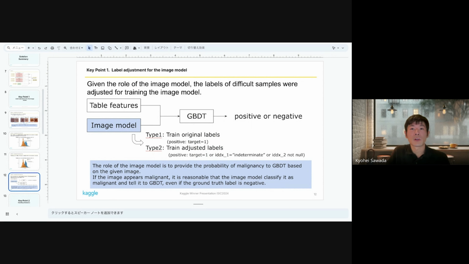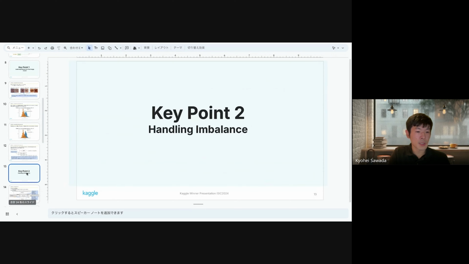This allowed the image model to focus solely on the visual features of malignancy, improving its ability to detect malignant patterns without being confused by the actual label. And finally, the ultimate classification of benign and malignant cases is handled by the GBDT model. So that is key point one, and now let's move on to key point two.